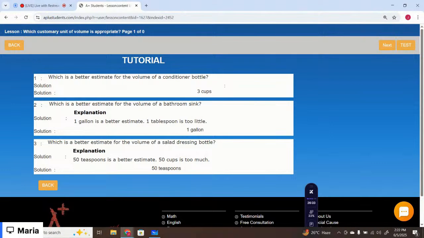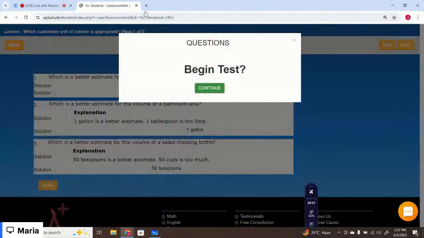The volume of the conditioner bottle would be 3 cups. Let's just start with the test questions.